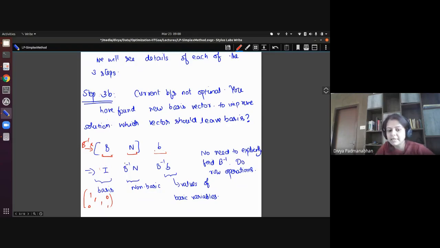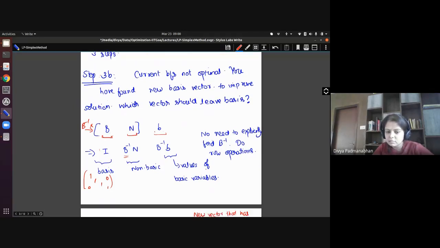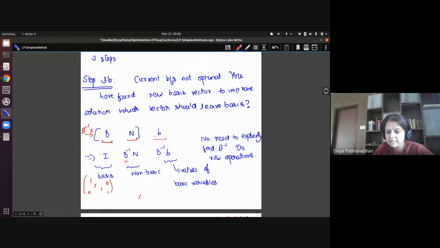So Simplex always maintains that the basis you get is going to be I. You might not have started off with I, but ultimately it tries to transform it this way. And to do this, you don't actually have to compute B inverse every time. You could do this with some row operations. Just a recap: if you have a matrix A and want to take its inverse, one way is Gauss elimination, where you write A and I side by side.